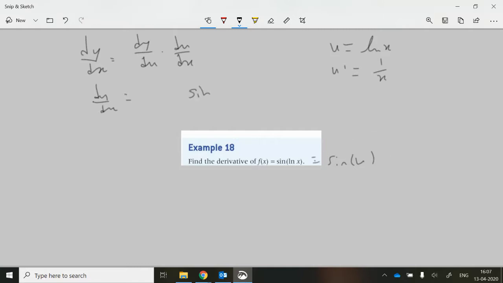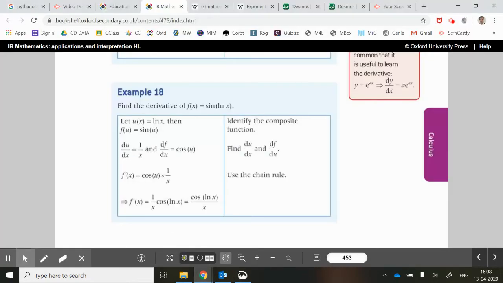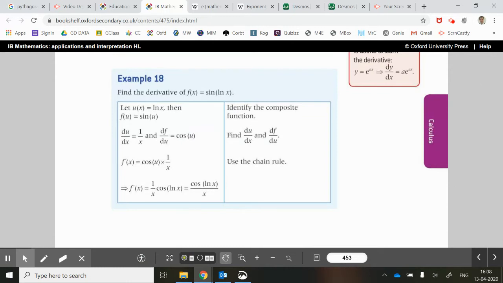Sorry, not sine, that's cosine of u, and u in this case is log of x. And then we're going to times that by du dx, which in this case is this thing over here, 1 over x. So we're getting 1 over x here, although I bet you they use divided by x in this case. Let's have a little look at this. Yeah, okay, so they've done exactly the same thing.